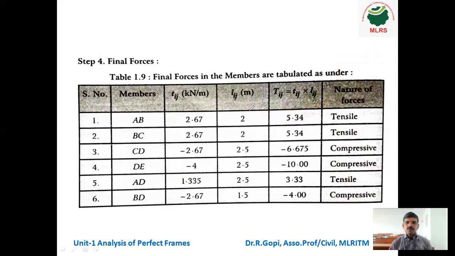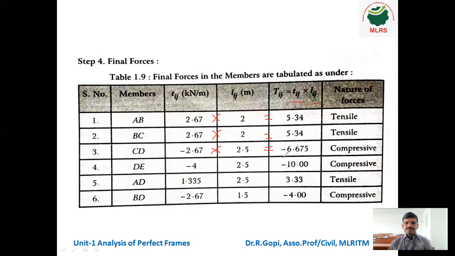This length we already found in the previous tabulation. So now the final force in the member is T equal to multiplication of Tij into Lij. So this is 2.67 multiplied by 2, we got this answer. Here also 2.67 multiplied by 2, we got this answer. Like that you calculate for all the members.